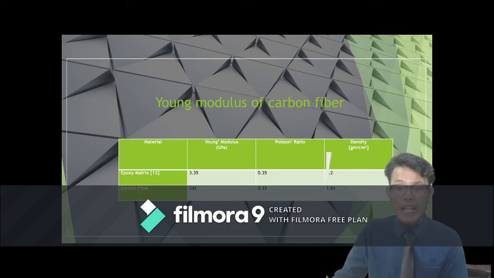I got this value from the journal by Shuklan titled Epoxy Composite Using Functionalized Alumina Pellet as a Reinforcement. This material was chosen because it can be easily obtained in the lab.